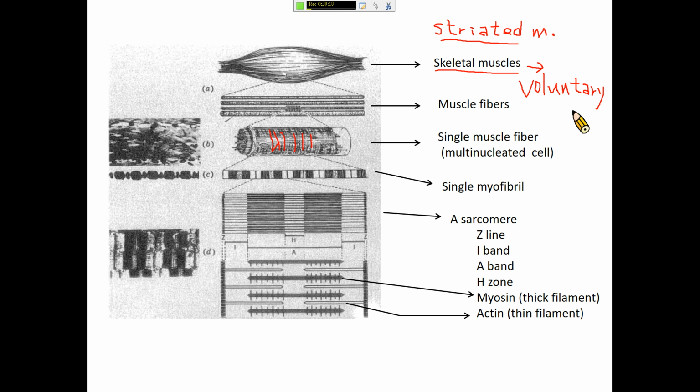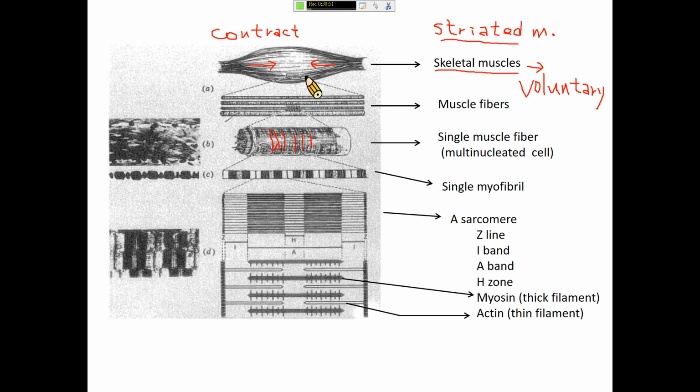Why voluntary? Because they contract. Remember, the force always goes toward the center. They contract. When do they contract?